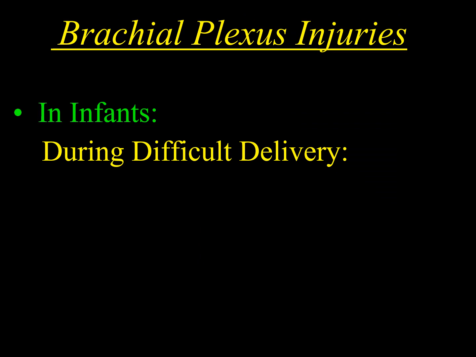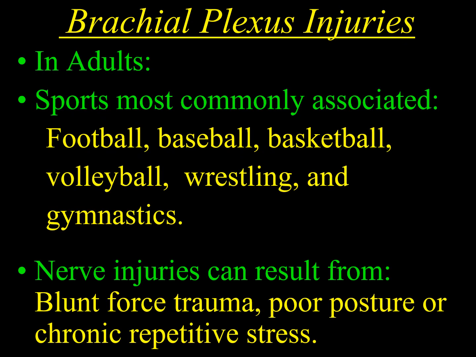Now we will talk a little bit about brachial plexus injuries. You have a tutorial also, where you will discuss in detail. Brachial plexus injuries can occur in adults and mostly occur in infants during difficult delivery. In adults, they are most commonly associated with sports like football, baseball, basketball, volleyball, wrestling and gymnastics.